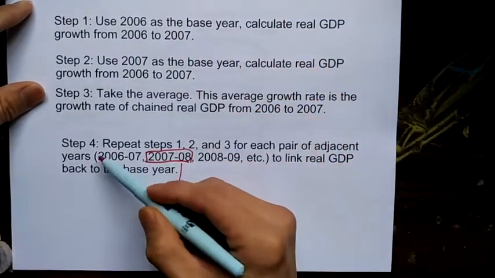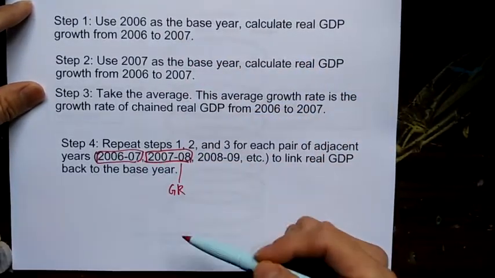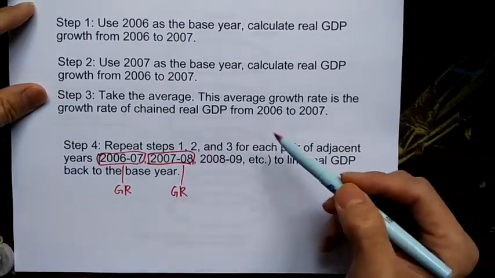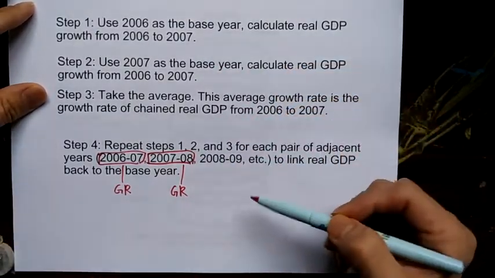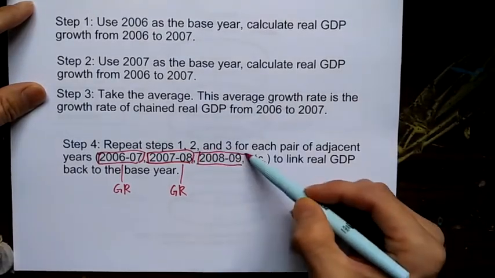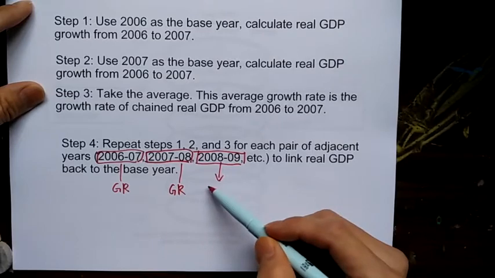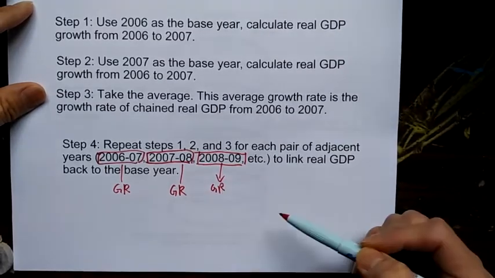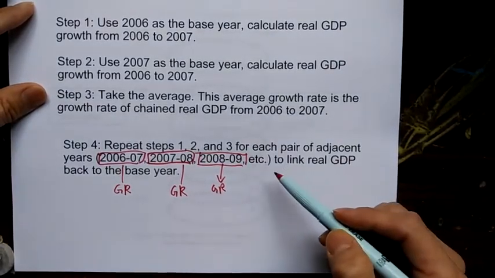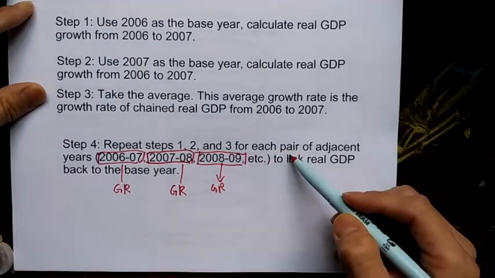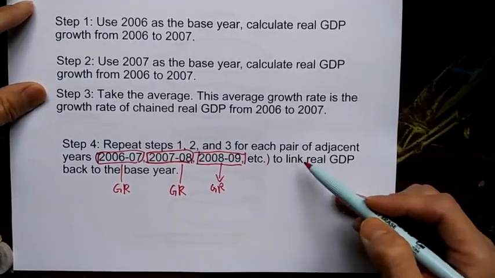Step 1, 2, 3 will give you 2006, 2007 growth rate. The next one, repeat these 3 steps for 2008, 2009. Then you get 2008 to 2009 growth rate. The next, 2009 and 2010. The next, 2010 and 2011.